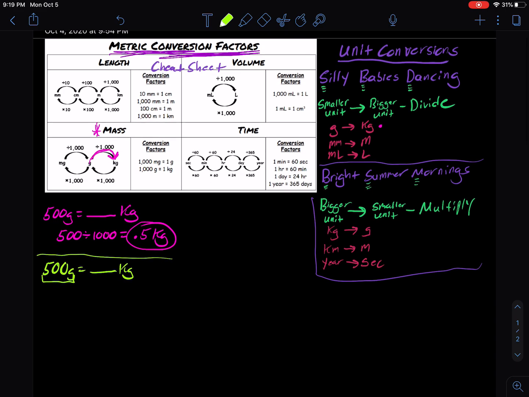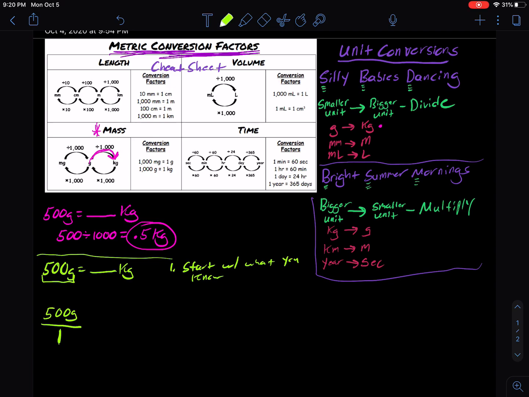So the first thing is start with what you know. That's going to be step 1. So what we know is we have 500 grams. So we take what we know, 500 grams, and you put it over 1, because anything over 1 is still the same number.